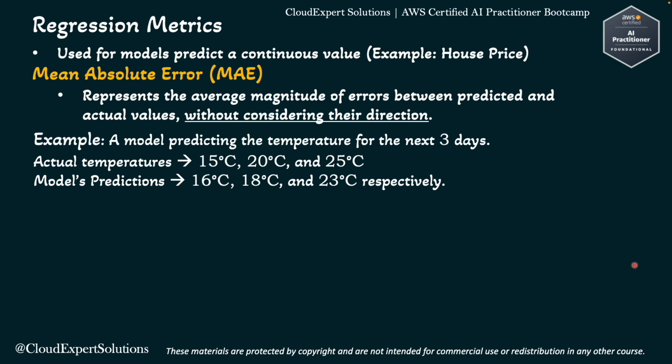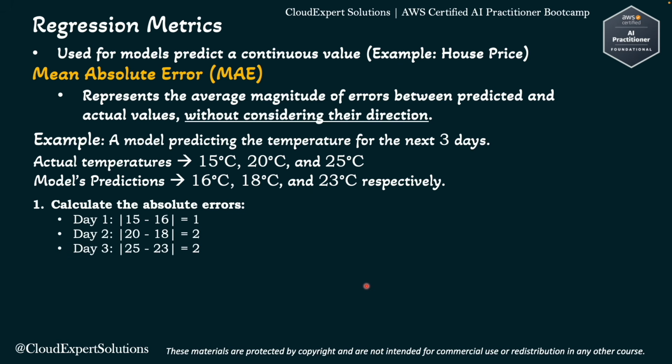Now, when you are calculating the mean absolute error, the first step is to calculate the errors. For day 1, the error is 1 as it is not considering the direction, whether it is high or low. For our case, day 1 error is 1 degree, day 2 error is 2 degrees and day 3 error is again 2 degrees.